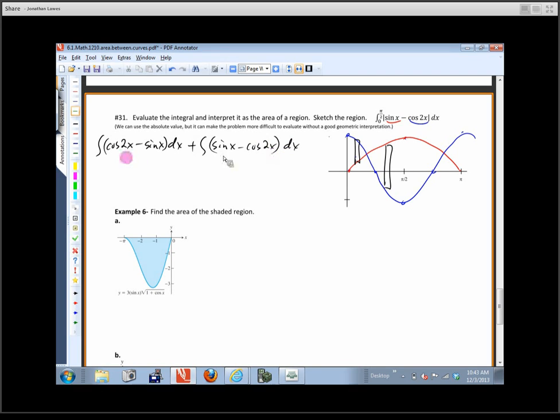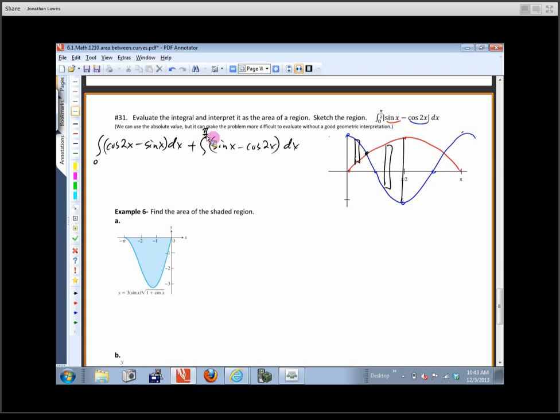Okay. Now I just need, well, let's see, I can figure out a couple of the limits. For this one, we're going to start at 0 and we're going to go to this intersection point right here. And for this one, we're going to start at that intersection point and we're going to end, it said end at pi halves. So I've got that one. I need to know where they intersect.